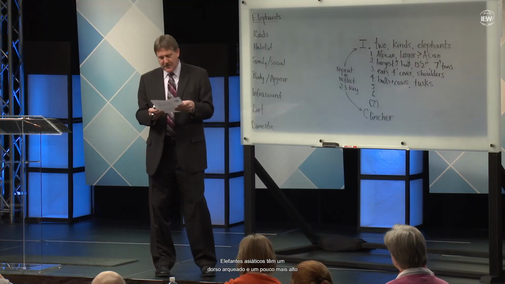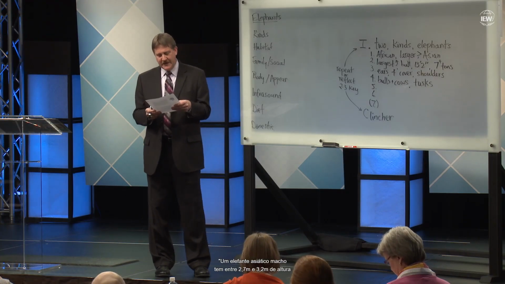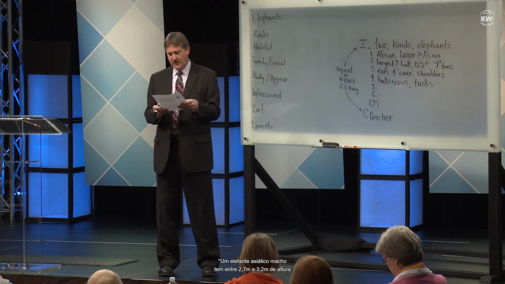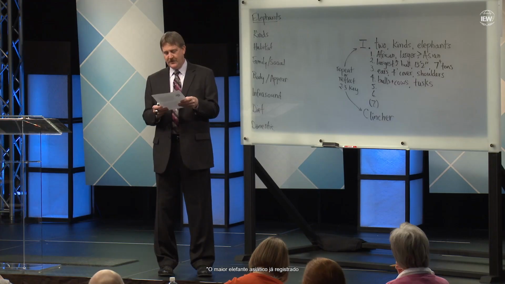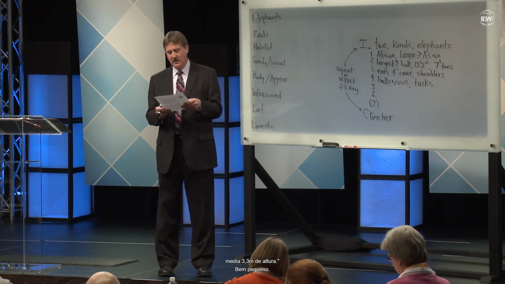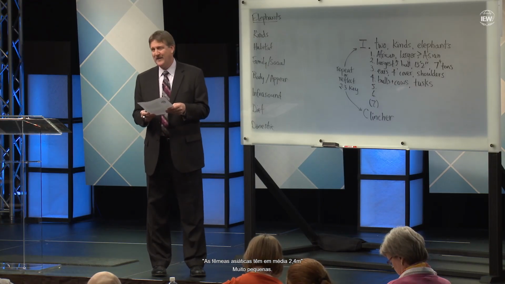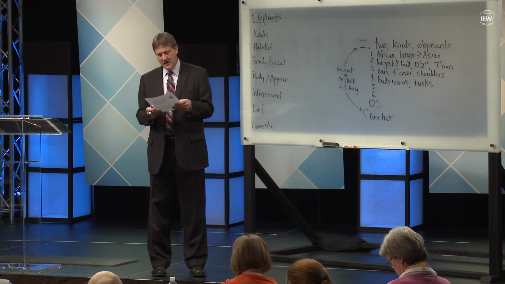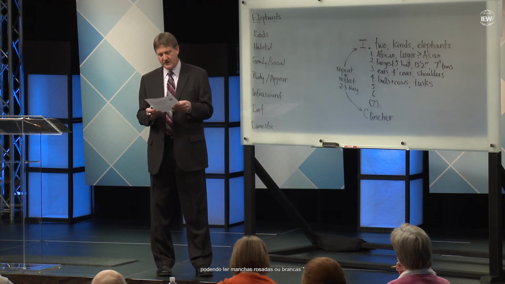Asian elephants have an arched back that is slightly higher than the shoulder and the rump. Whoop-de-doo. An adult Asian bull stands from 9 to 10 feet tall at the shoulder, weighs up to 8,000 pounds. Well, that's shrimpy. The largest known Asian bull measured 10 feet 8 inches tall, still shrimpy. Asian cows stand about 8 feet tall, really shrimpy.